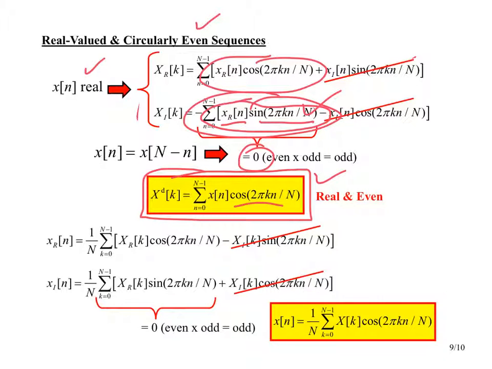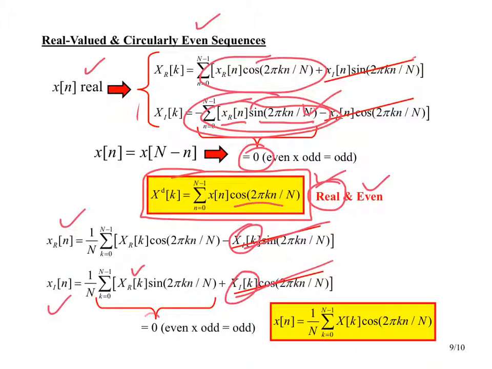Similarly, going backwards, we can write the inverse DFT this way, and we just showed that the DFT for this case was real, so those two terms will go away since the imaginary part is equal to 0. Then this part will be even, since we just showed that it was even.